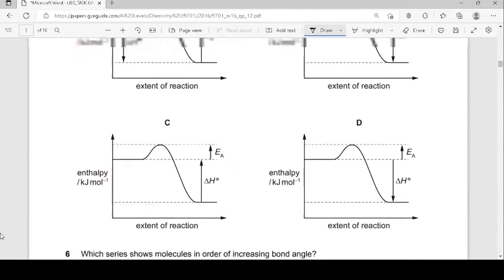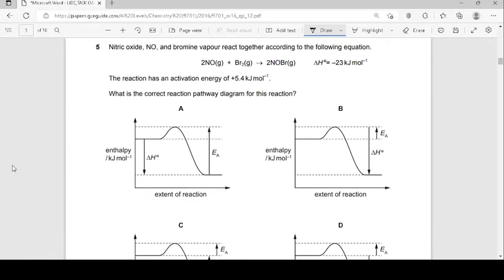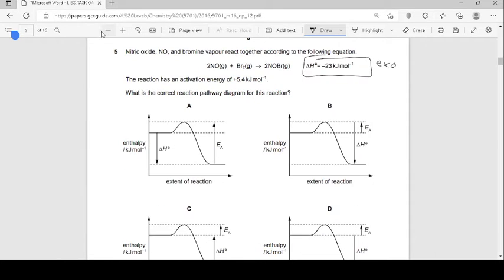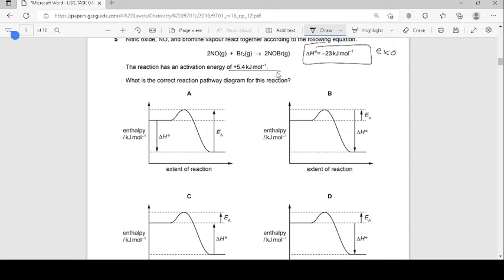Next question. Nitric oxide and bromine vapor react together according to the following equation. 2NO(g) + Br2(g) gives 2NOBr(g), and your enthalpy change is minus 23 kilojoules per mole, which means it's exothermic, right? This reaction has an activation energy of plus 5.4 kilojoules per mole.